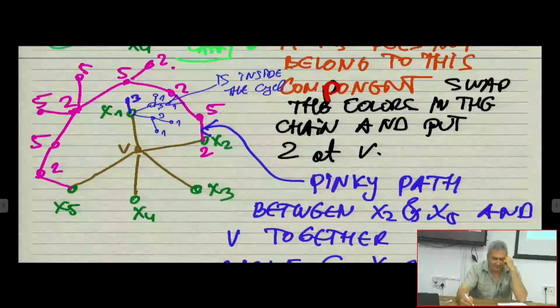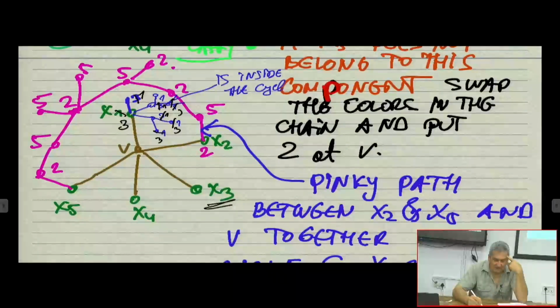Cycle is this, yes. So when we change the colors, we put here now 3, we put here 1, 1, 1, 3, 3, 3, 3, and so on. We don't go outside, we stay here.